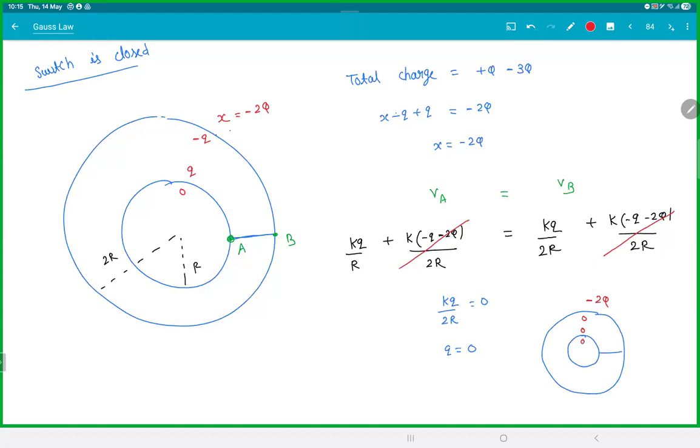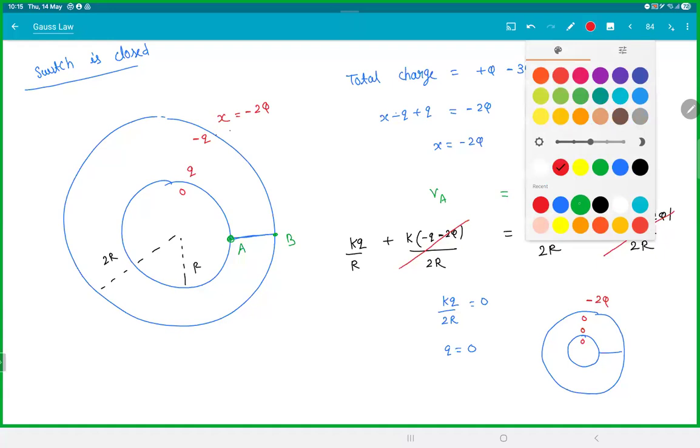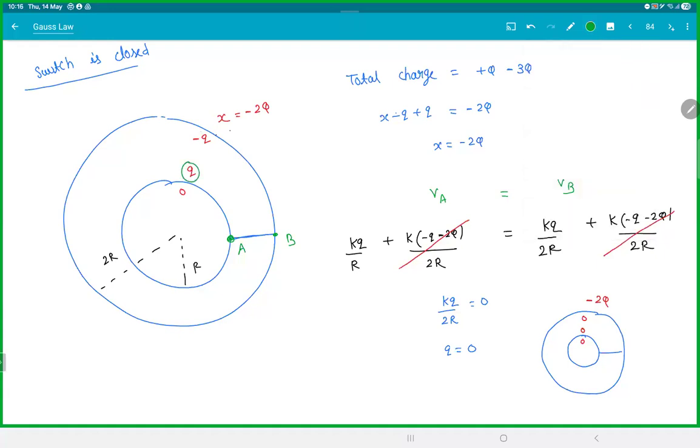Is this clear, everyone, how we did this? This question can be done in a much easier way. Listen to this logic. If there is a plus q and a minus q, that means there will be field lines here. If there are field lines, this point and this point will have a potential difference.